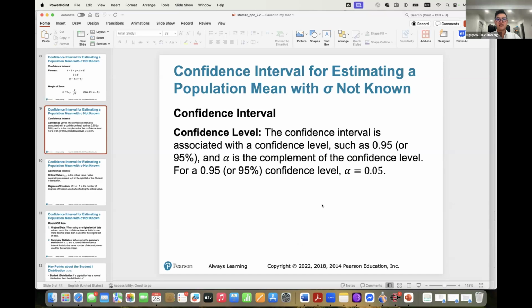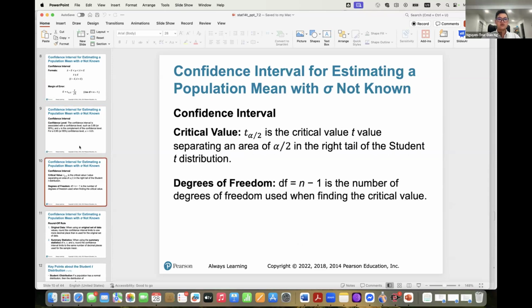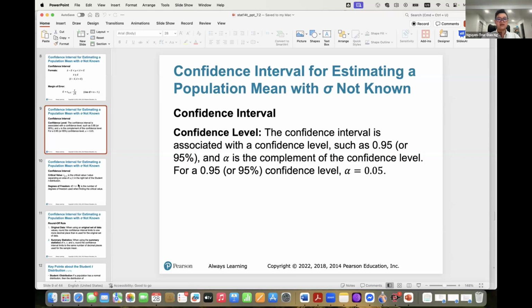The confidence interval is associated with a confidence level such as 0.95 or 95%, and alpha is the complement of the confidence level. For a 0.95 or 95% confidence level, alpha is 0.05, because we take the complement, right? 100% minus 95% gives you 5%, which is 0.05.